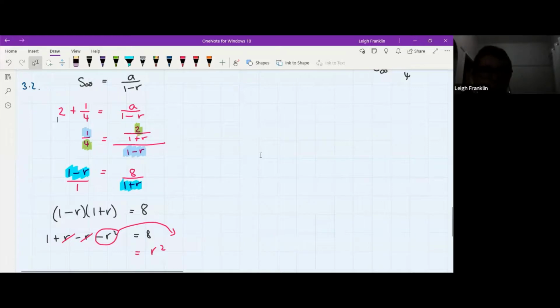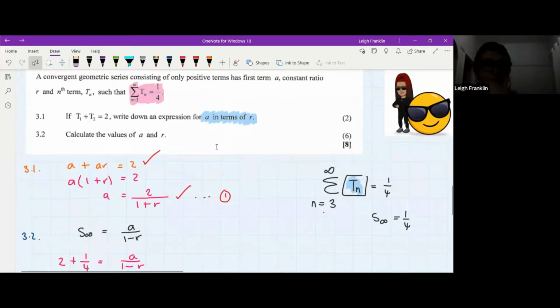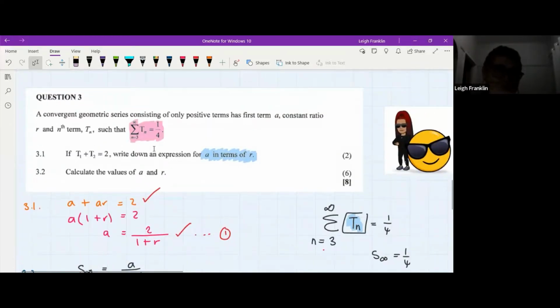Because I don't think this is telling us that the sum to infinity is a quarter. I think that this is telling us that the nth term of the sum to infinity pattern is a quarter. That's how I interpreted this question.